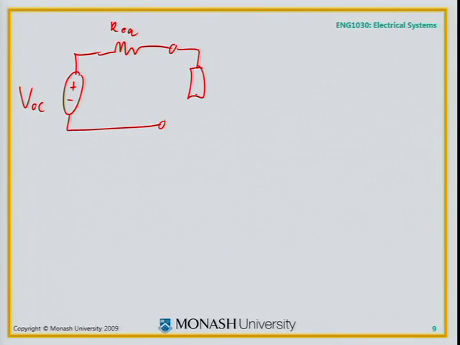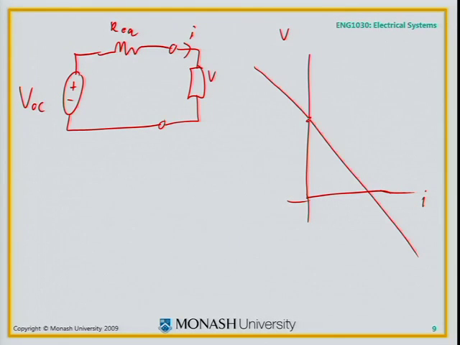So very quickly, plus minus, let's call that VOC, and R equivalent. If I plot the IV characteristic of that, it will look like that. This point here, what's that intercept where I equals 0?